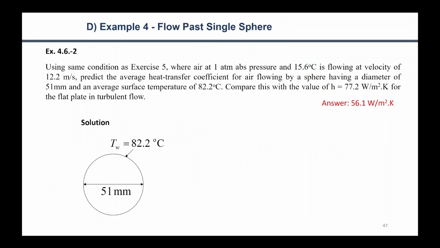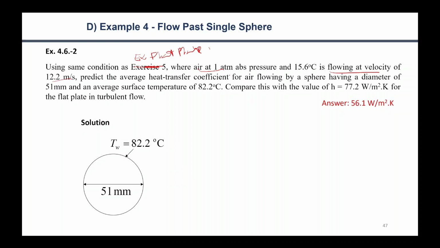Now let's look at example 4. We are going to use the same condition as in the example for the plate, where air at 180 kPa absolute pressure and 15.6 degrees Celsius is flowing at a velocity of 12.2 meters per second.